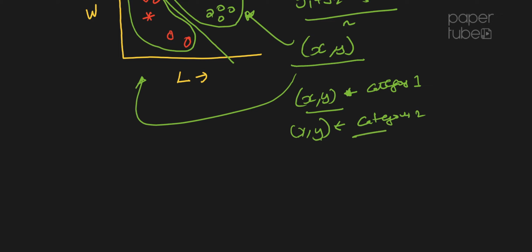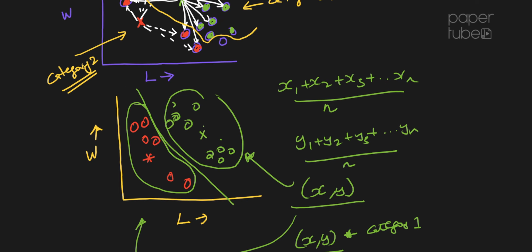So what this will do, this x and y is the average of all the data points. So your cluster center will move, and you will get a new cluster center somewhere around here, and another cluster center somewhere around here. So that's how it works.